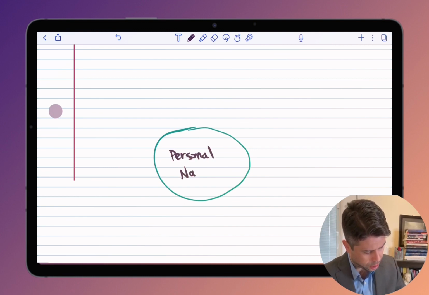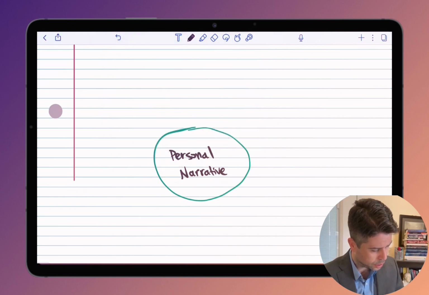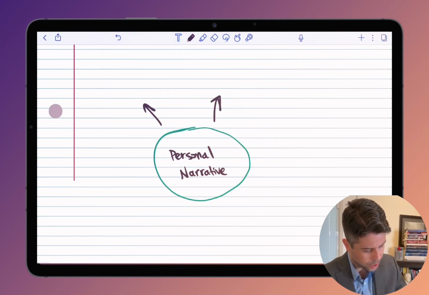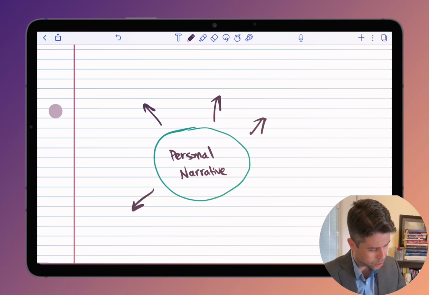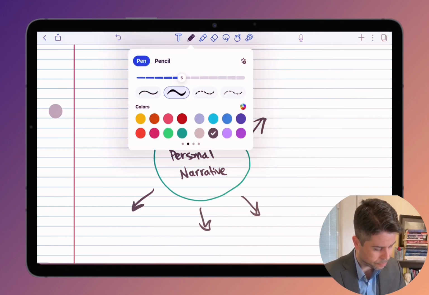And I could use a concept map to brainstorm ideas as to possible topics for this narrative. So I would draw some branches out here, and I would look at potential topics or things that I could write a personal story about.